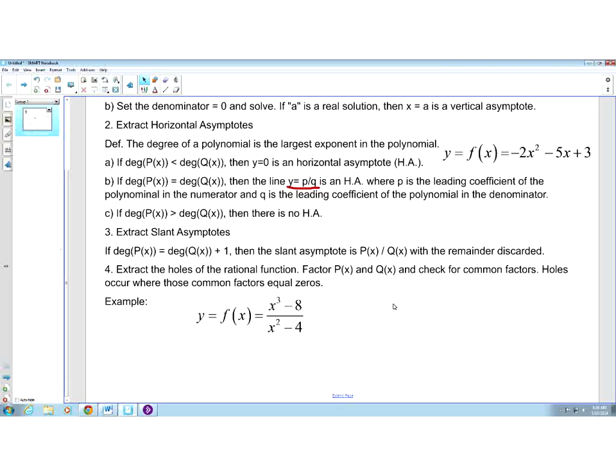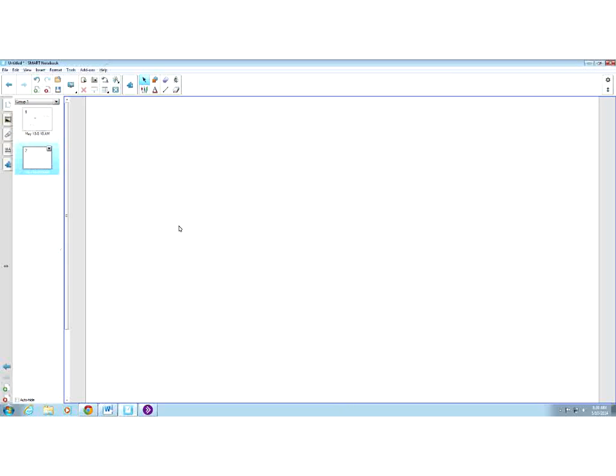All right, so the first thing we want to do is factor the numerator and the denominator. So in doing so, I'll go to the next page. We note that P of x is the difference of two cubes, right?